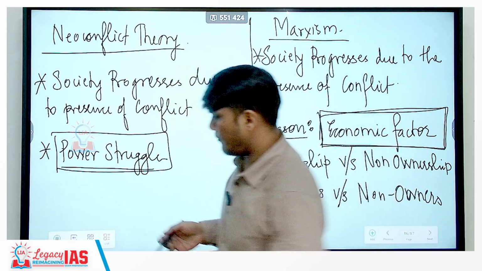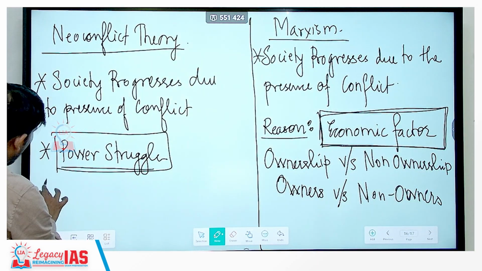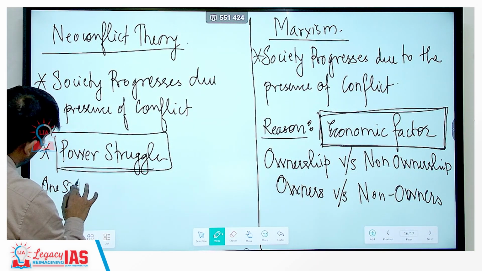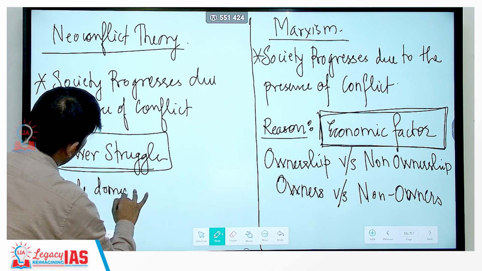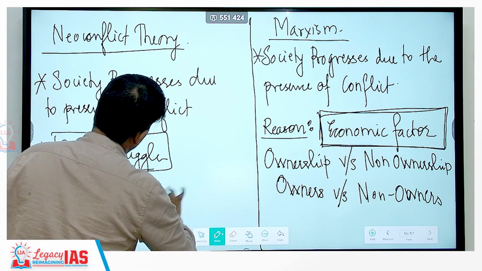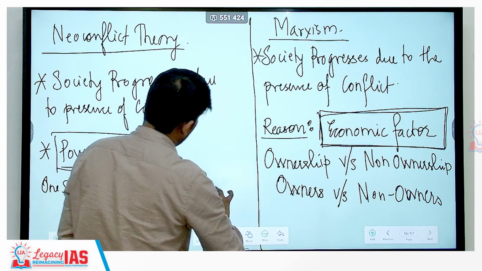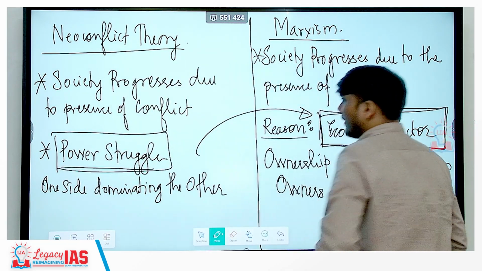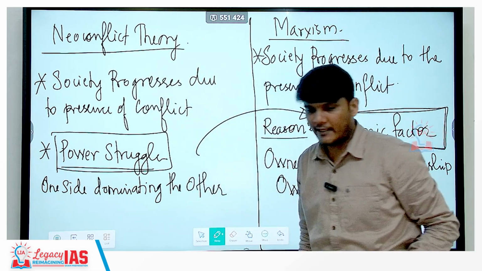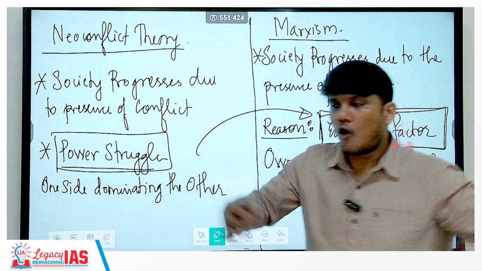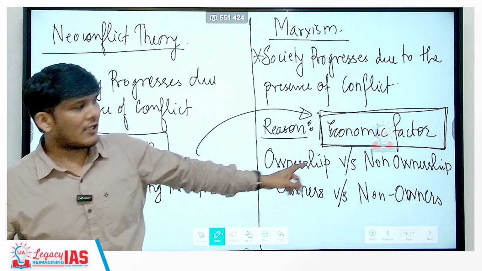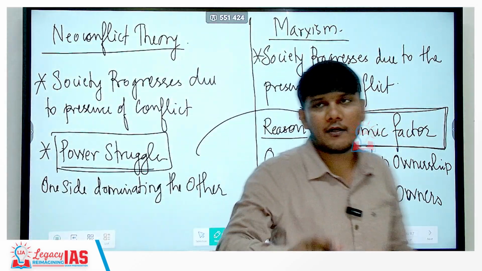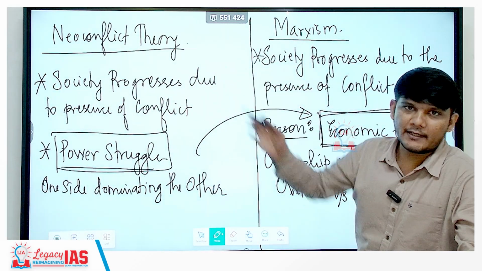So dominance, basically power struggle as in one side dominating the other. It need not necessarily be due to the economic factor. That is what neo-conflict theory says. So basically expanding or liberalizing the reasoning of Marxism is what neo-conflict theory is doing.